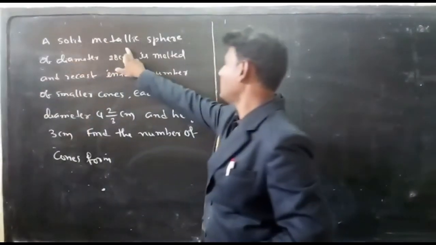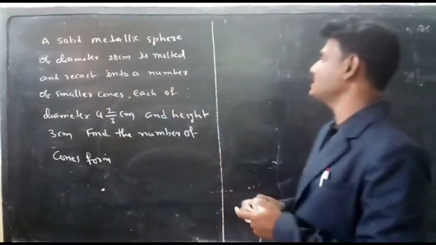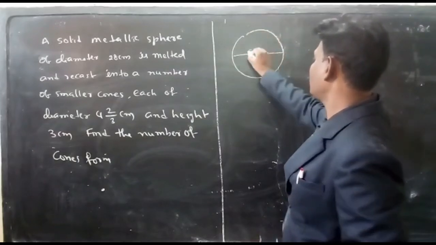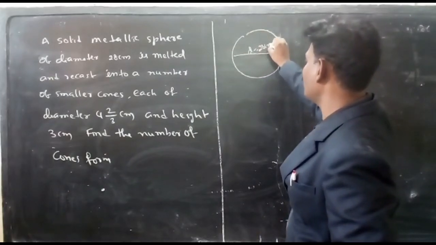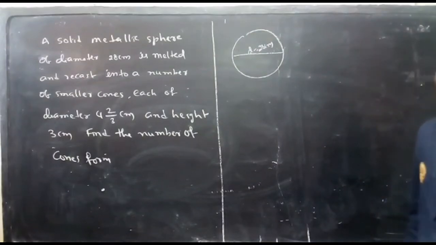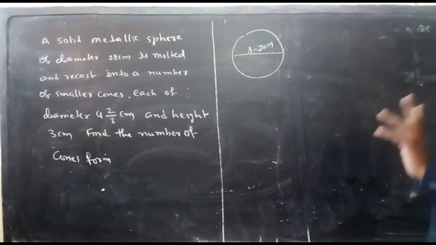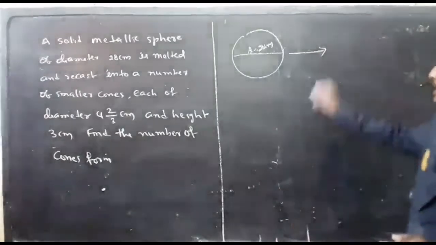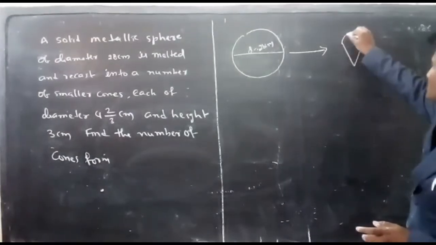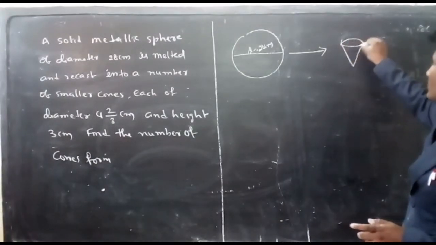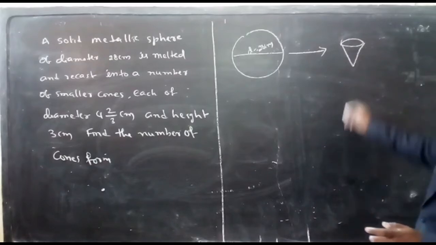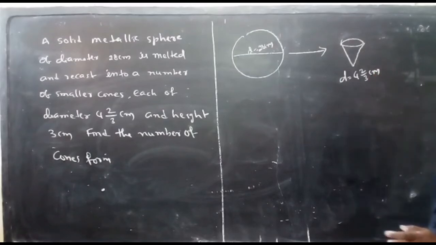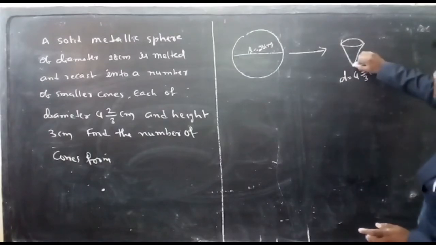A solid metallic sphere of diameter 28 centimeters. Here one sphere. Diameter of that sphere D is equal to 28 centimeters, is melted and recast into a number of smaller cones. So that sphere is melted and is forming some smaller cones, each of diameter 4 2 by 3 centimeters, and the height of the cone is 3 centimeters.